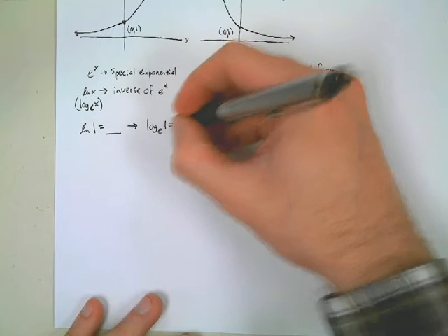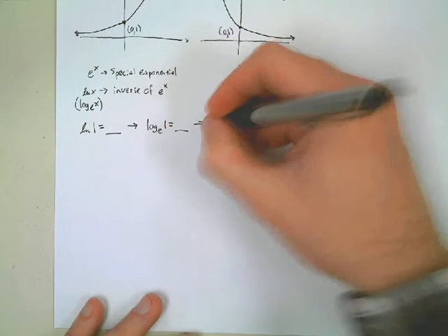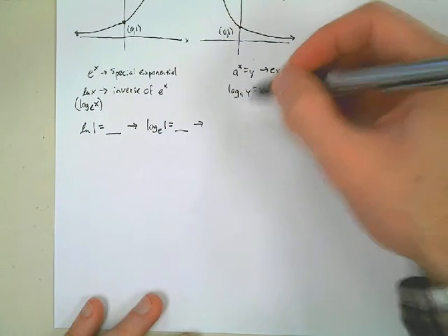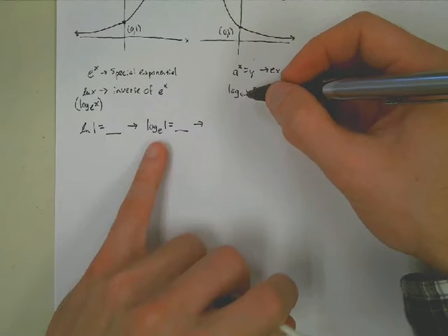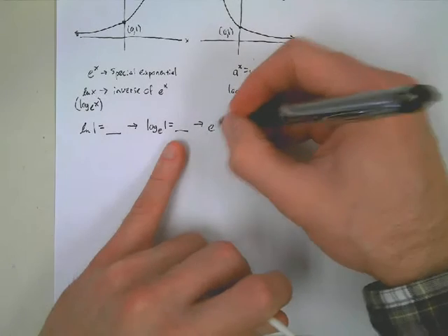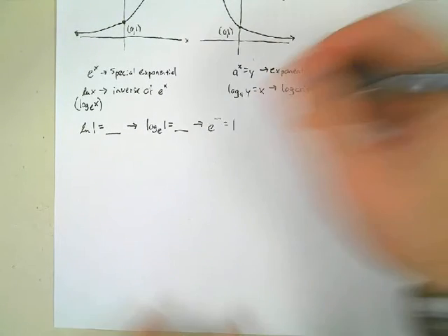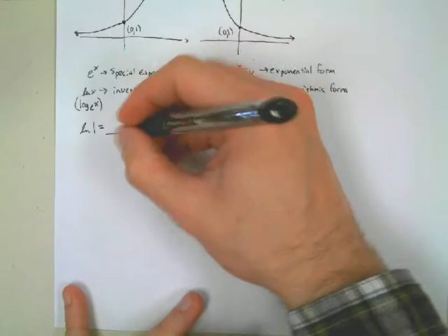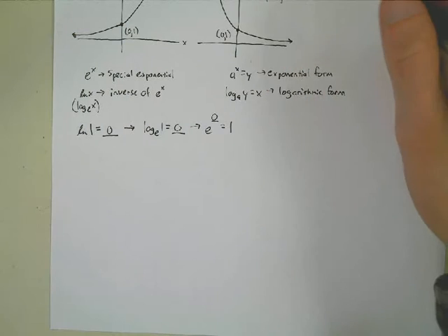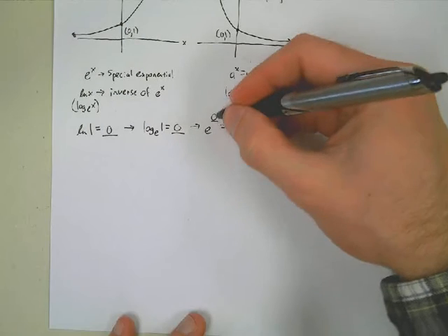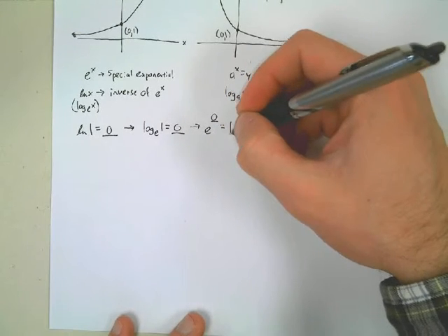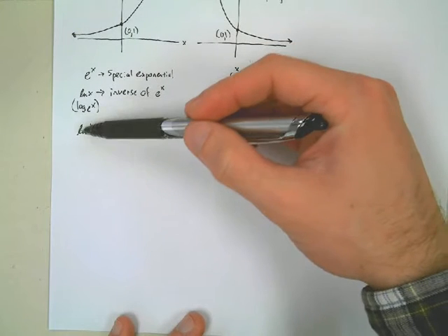Let's convert that to exponential form. So it becomes e to the blank equals 1. So yeah, it's 0. So natural log of 1 is 0 because e to the 0 gives us that 1. So when you do a natural log, it's like, what power of e gives us 1? Well, the answer is 0.